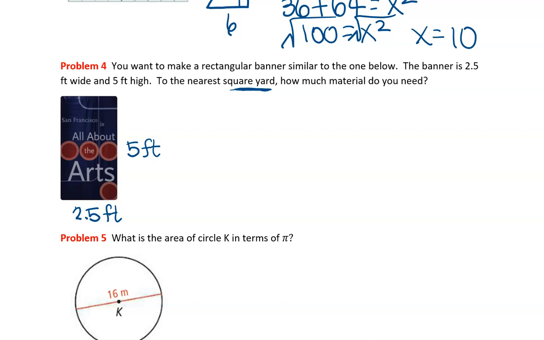So the first thing we're going to do is convert feet into yards originally, because most people have trouble converting it at the end. When you convert 5 feet to yards, there are 3 feet in 1 yard. The feet cancels, so we have 5/3 yard.